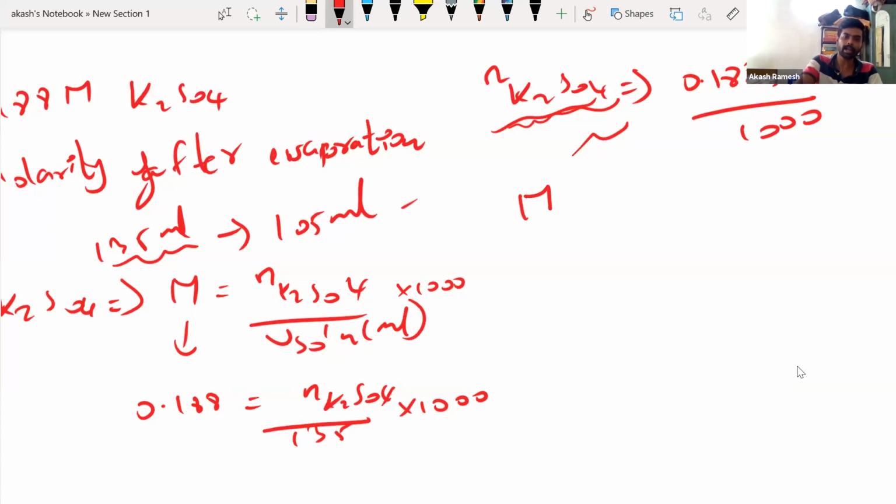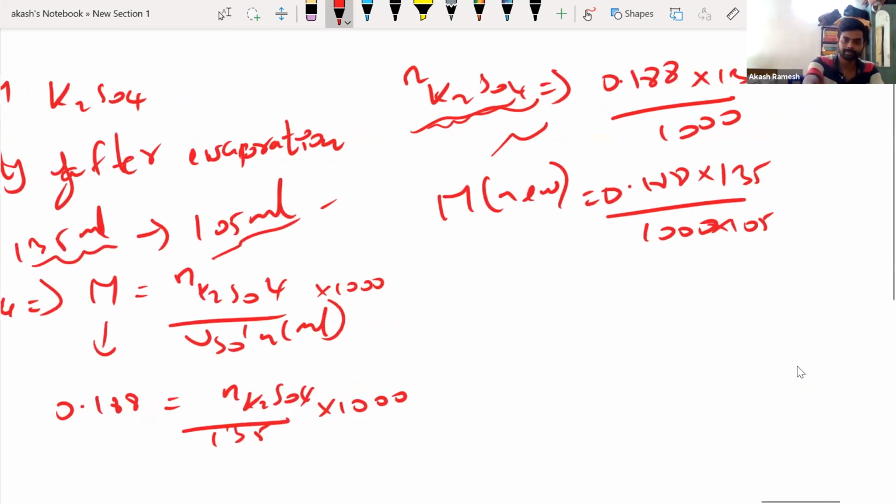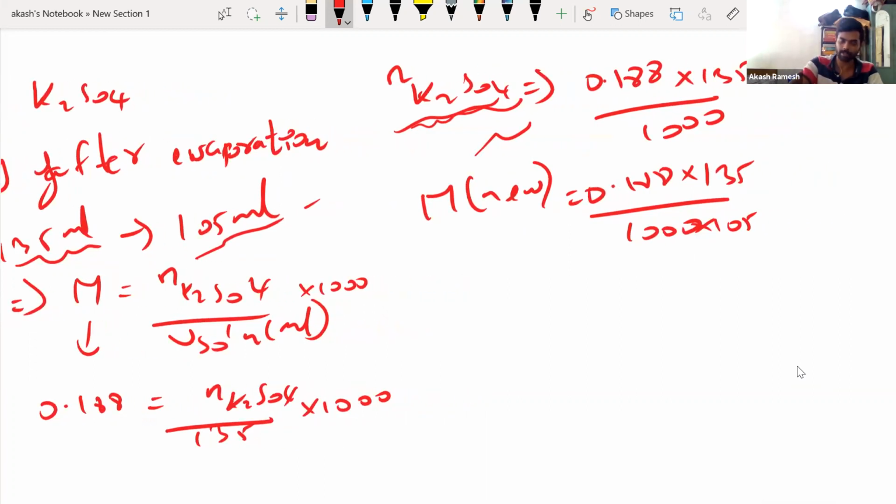So the new molarity, M new, will be the same number of moles, 0.188 into 135 divided by 1000, divided by the new volume. The volume became 105 ml, which comes in the denominator, so divided by 105 into 1000. That's it.